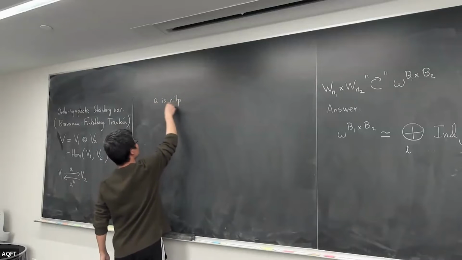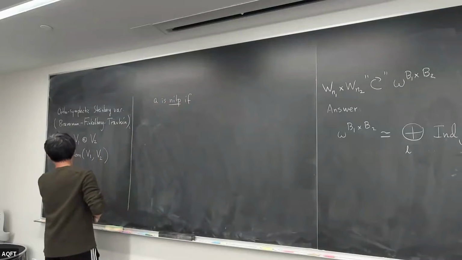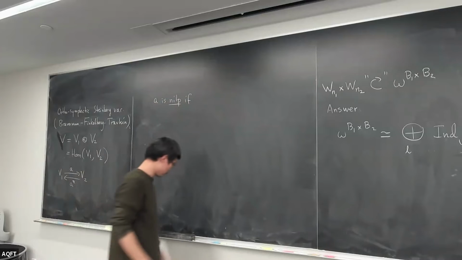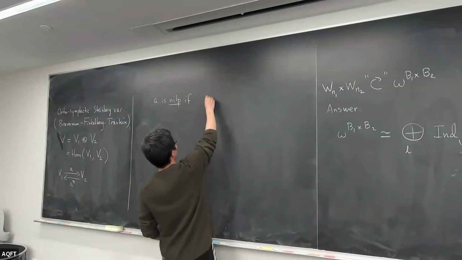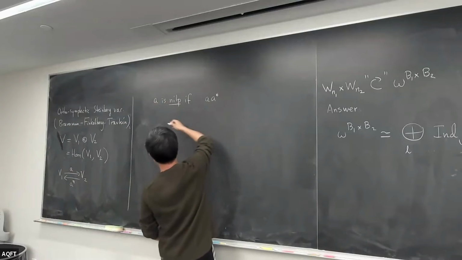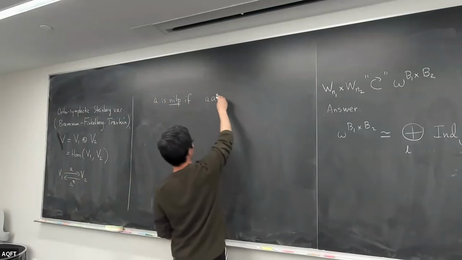The quiver is nilpotent if, when you compose using these two arrows enough times, you get 0. Or it's the same as saying composition in one direction is 0.